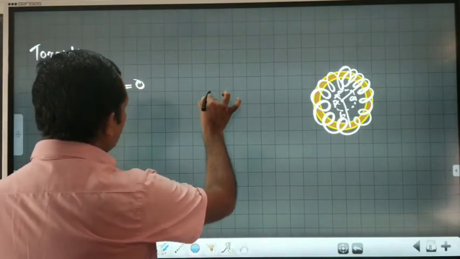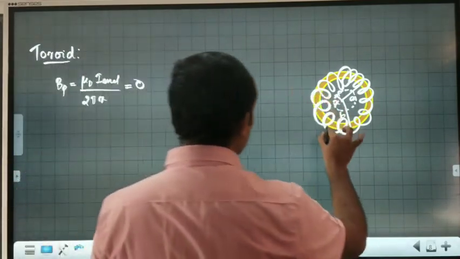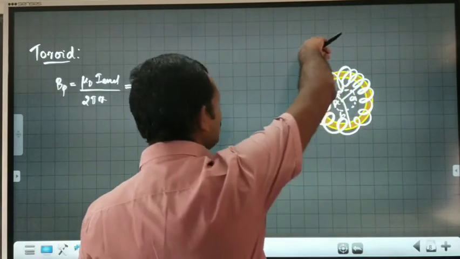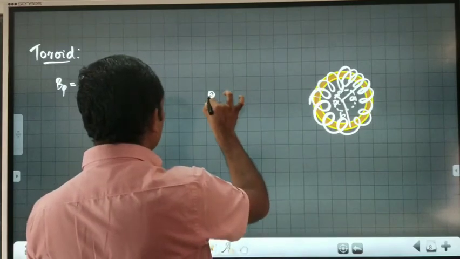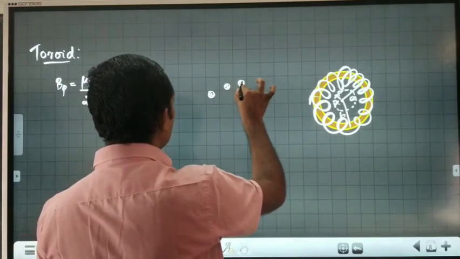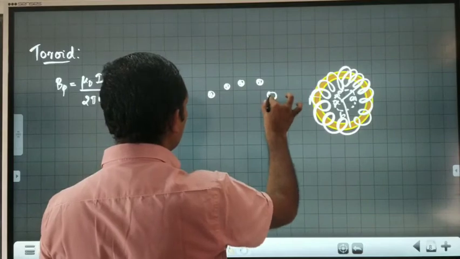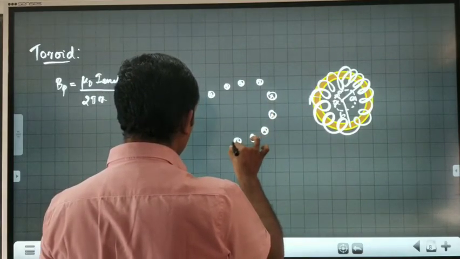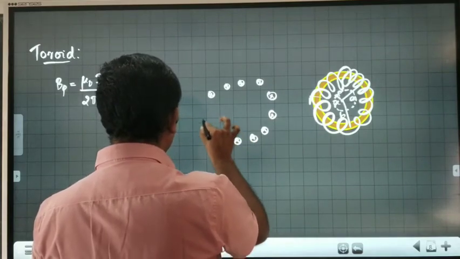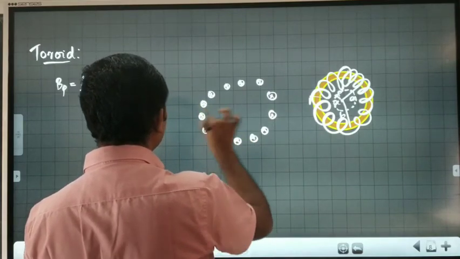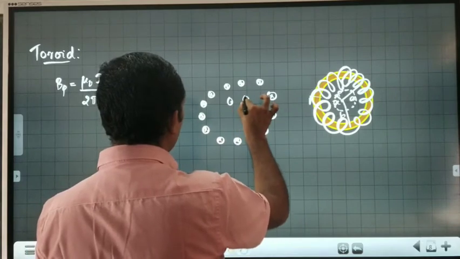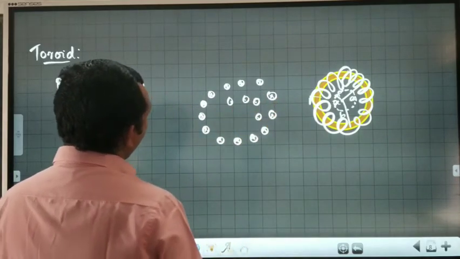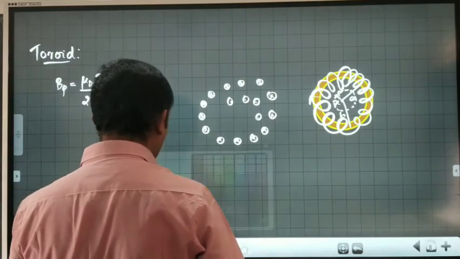Now for my convenience, we will just consider it likewise. So there is a current going into the board. This is the direction of current, such that here it is going into, and these currents are going out. Sorry, there should be one more.